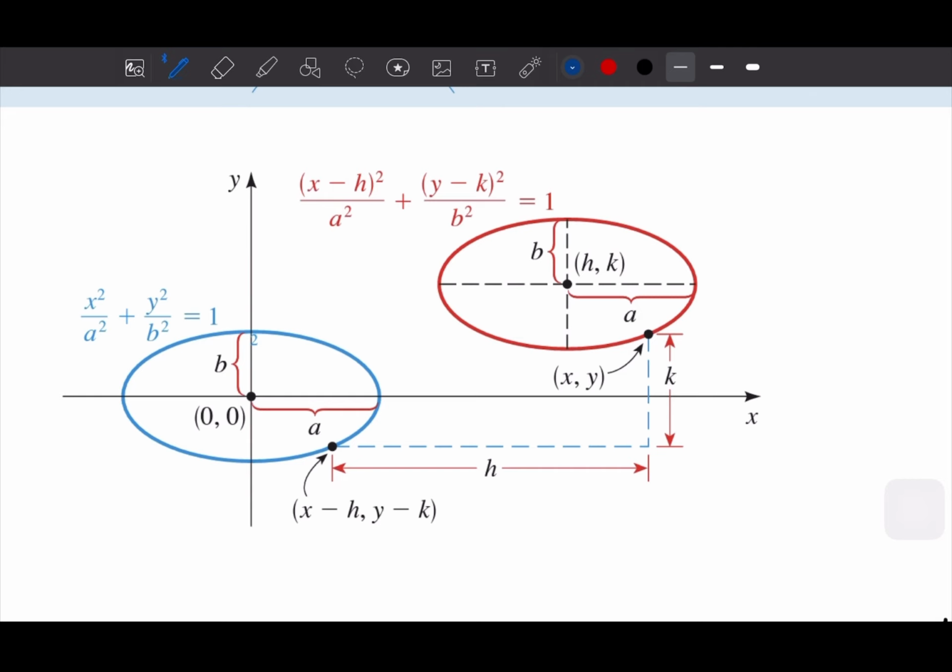So still the same ellipse, but different location, different center. If we shift the parabola or hyperbola, they're always the same. So we just change our x and y to x minus h or y minus k.